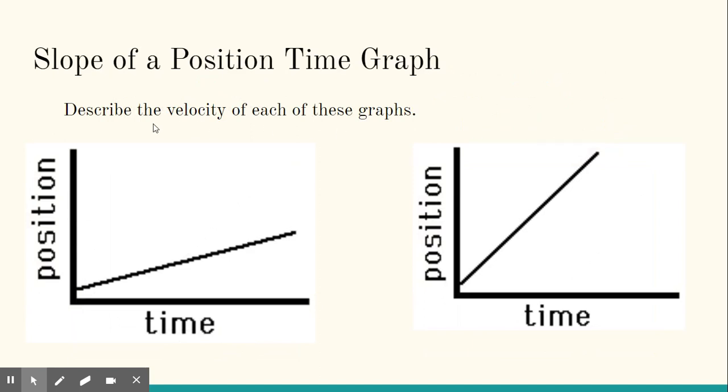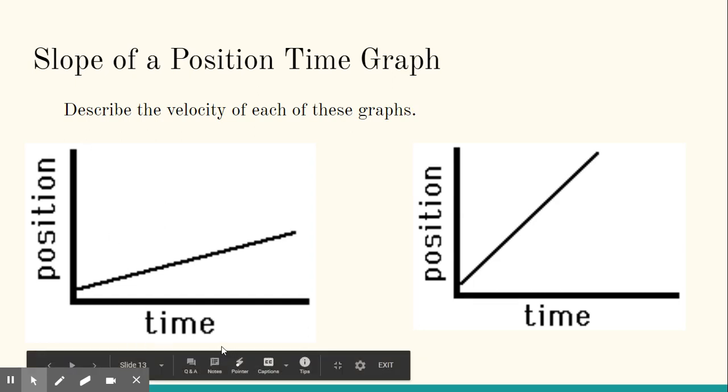And with that, you may have noticed me moving up and over, a rise over a run. I was looking at the slope of these two graphs, because that tells me what's happening in the velocity, how the position versus time is changing.